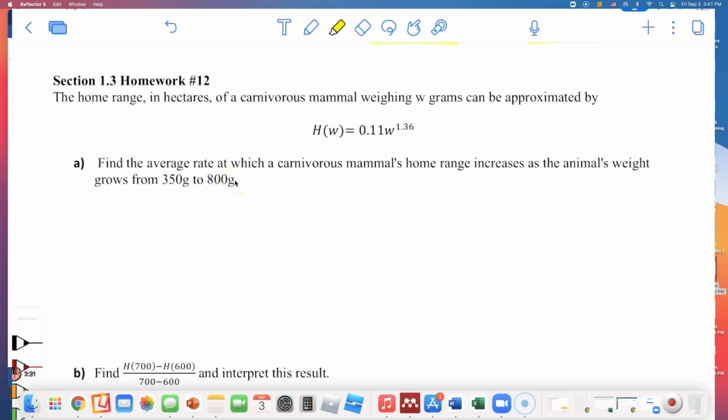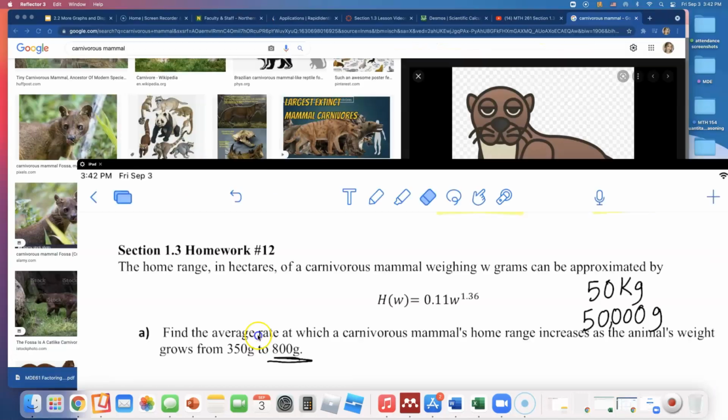I wish I were 50 kilograms, but I am more like 50,000 grams. So if it's just 800 grams, wow, it must be a tiny little animal. Oh, Jesus, is that right?